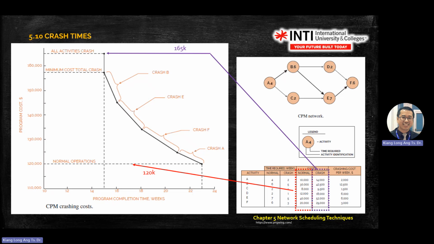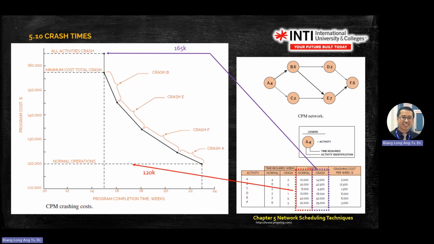This is the maximum duration for completion time. How do you get this 23? You do your network analysis, get the critical path, you get one number here. You extend and put the point here.